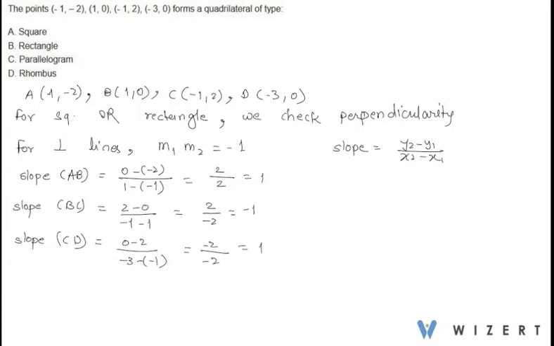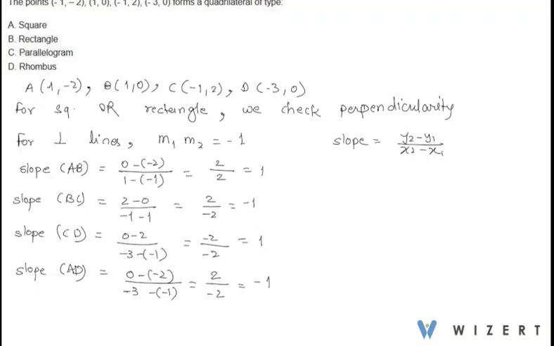That gives us plus 1. And slope of AD is equal to (0 - (-2)) divided by (-3 - (-1)), which is 2 divided by -2. So that gives us -1.